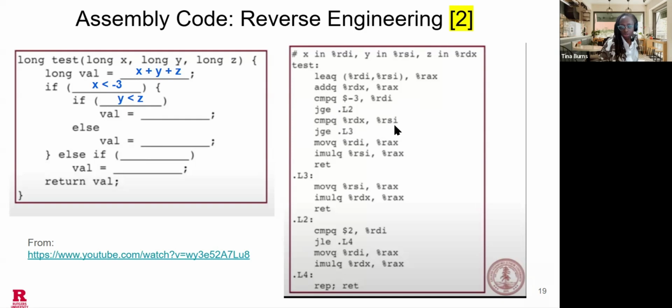I believe our D of X, that is our Z. Yes, our D of X, this is our Y. So we say, if Y, on this side, is less than Z, this is what we're going to do.